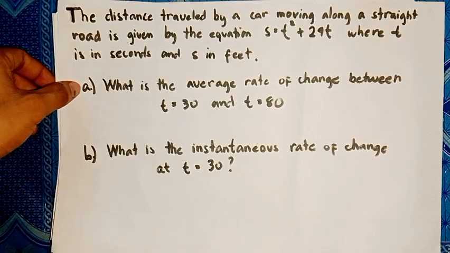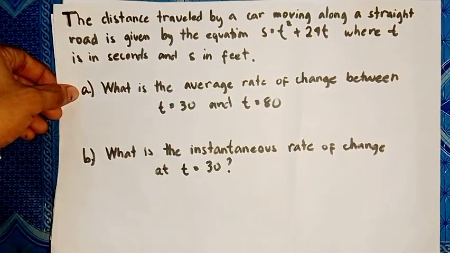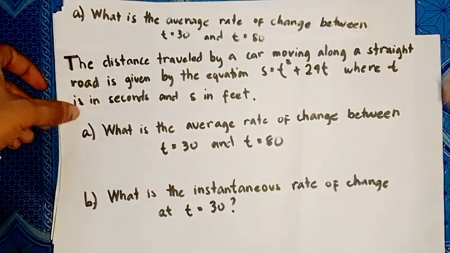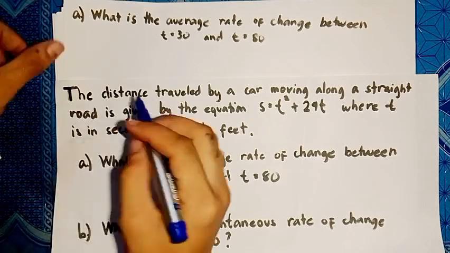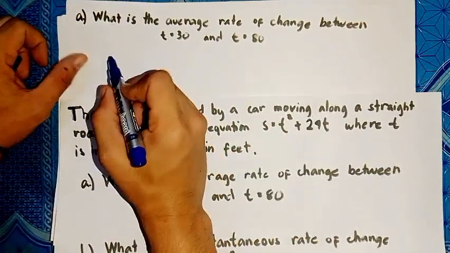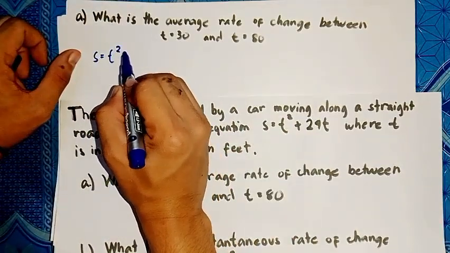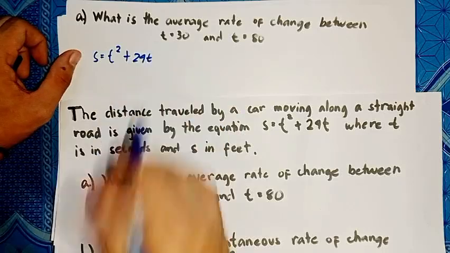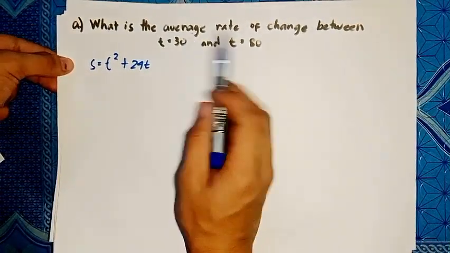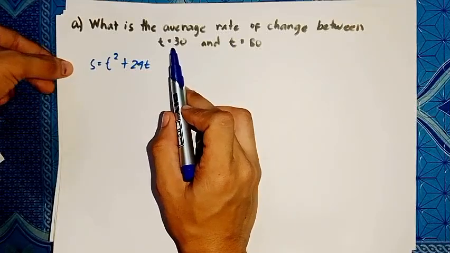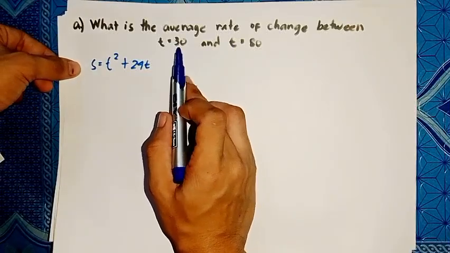Now, this problem involves rate of change. Now let's solve letter A. What is the average rate of change between t is equal to 30 and t is equal to 80? Now, let's copy first the position. s is equal to t squared plus 24t. Now, to get the average rate of change, we first substitute the value of t.